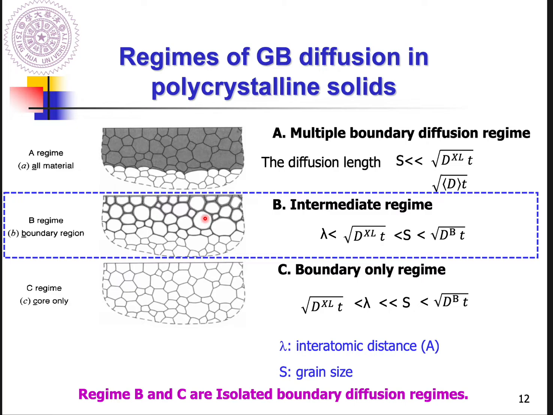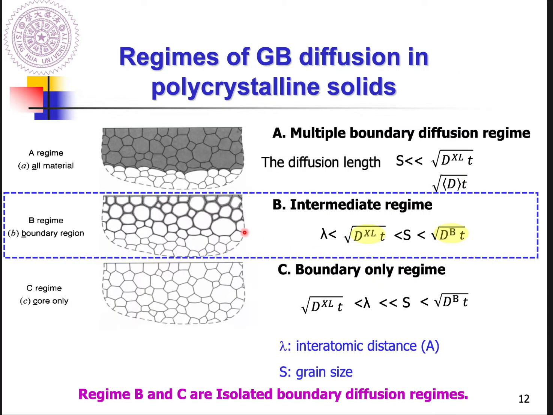So you need to sum all the possible diffusion, all the possible diffusing atoms through different diffusion paths, including through the grain boundary and also inside the grain, right? So just a quick review, the characteristic of the intermediate region is that the diffusion distance through the grain boundary is larger than S, and S is larger than the diffusion distance inside the grain, and this is larger than λ.